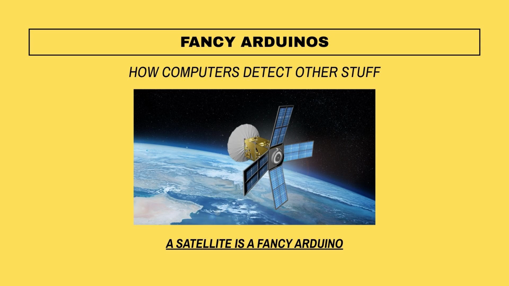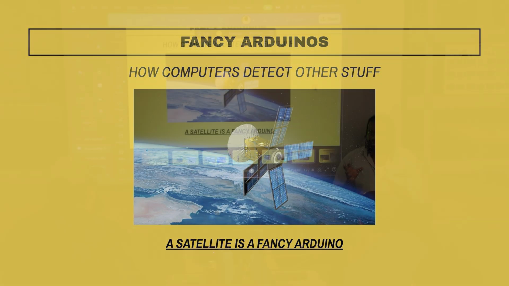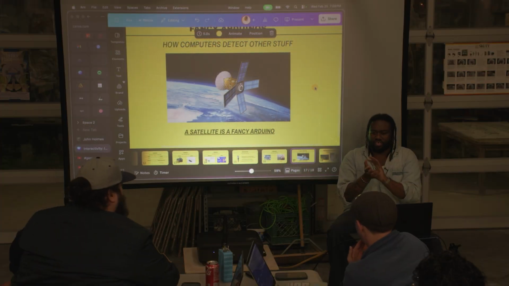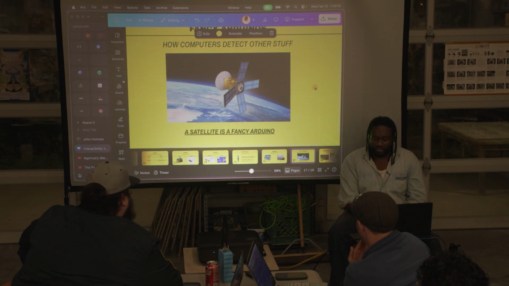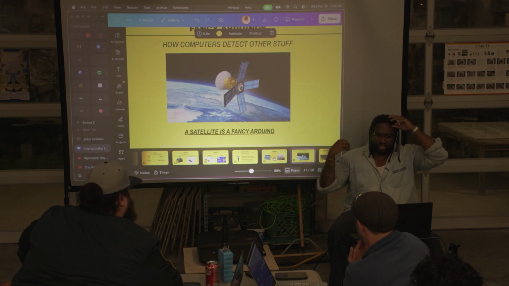It has an antenna that sends out radio waves. It receives radio waves. So it literally is just a little computer with a bunch of sensors and motors to adjust its own position and things like that. It's an interactive installation. And it works exactly the same way. At the bottom of the chain, there's either going to be buttons or sliders connected to whatever it needs to be connected to.